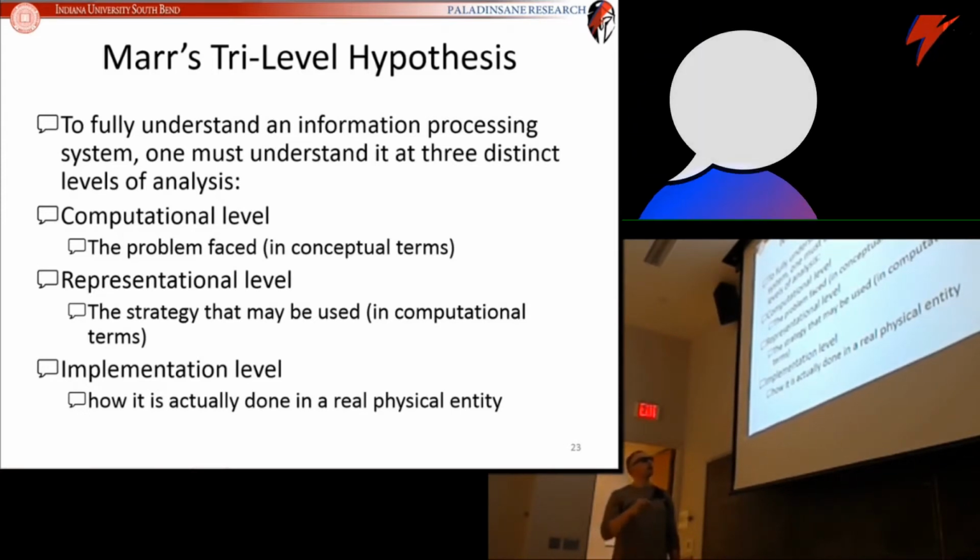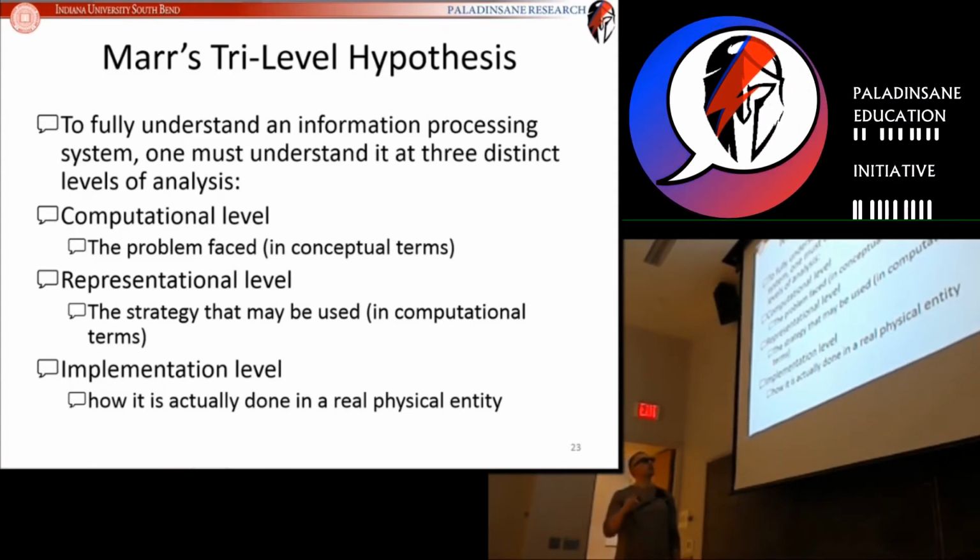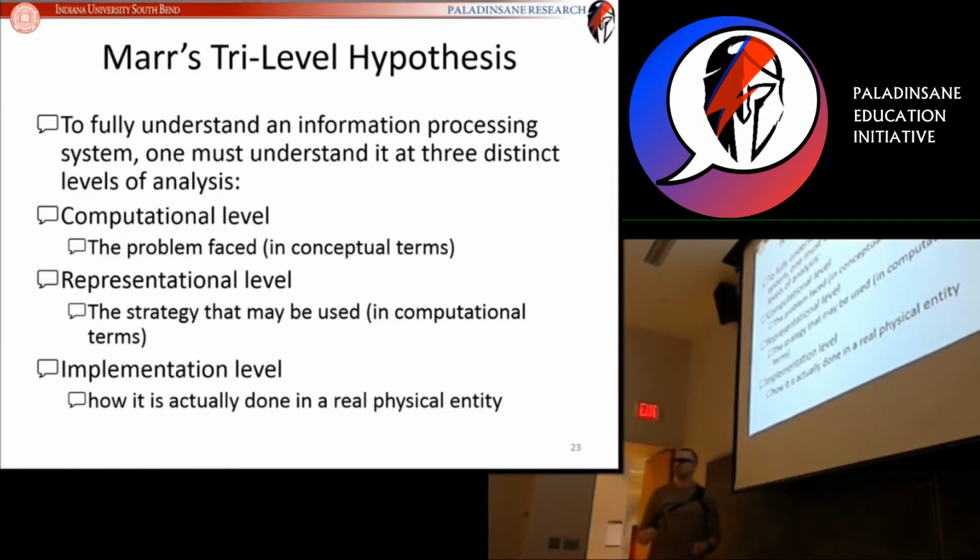So in the neuropsychology course, if you took behavioral neuroscience here, or you took maybe sensation and perception, we'll have a little bit of this, you might have spent some time at the implementation level. We're not going to spend time at the implementation level. We are going to be at the representational level, talking about the strategies and the evidence for those strategies that we have in terms of how our mind works.